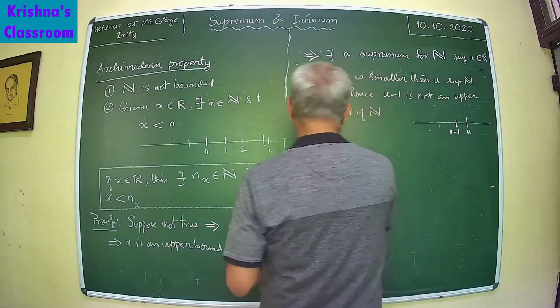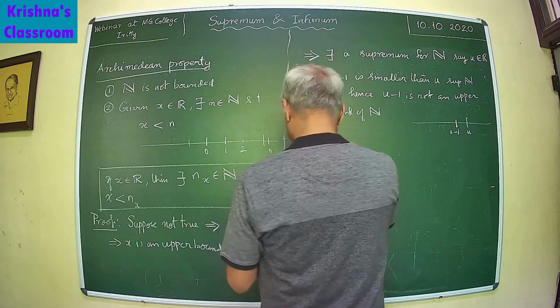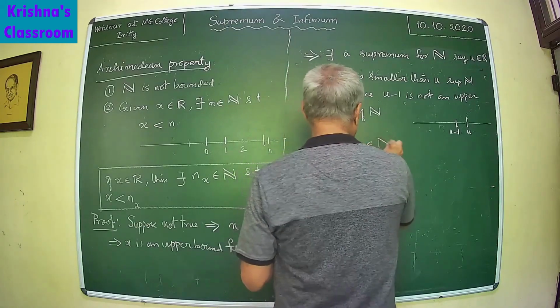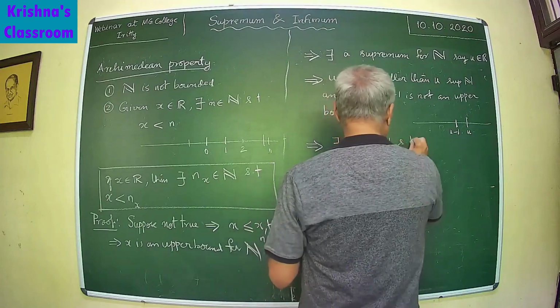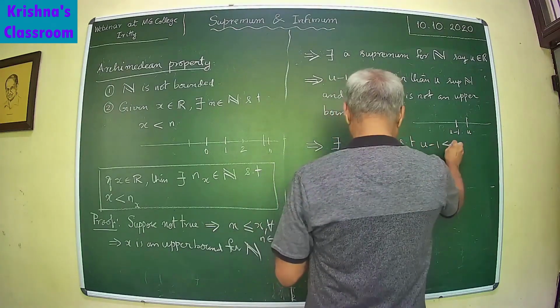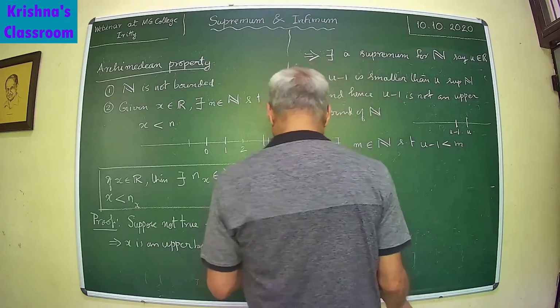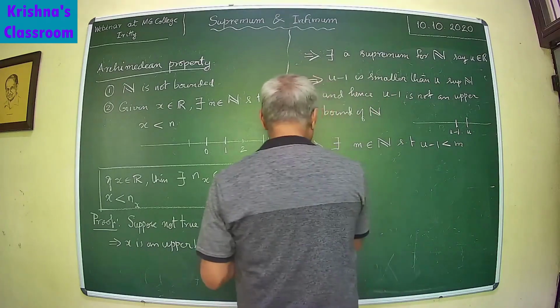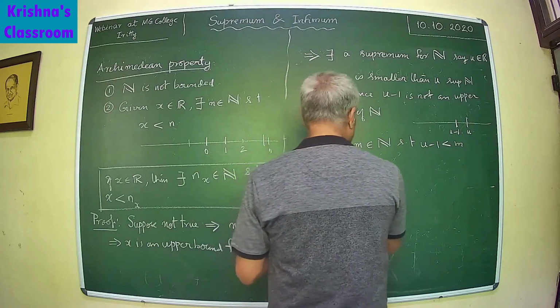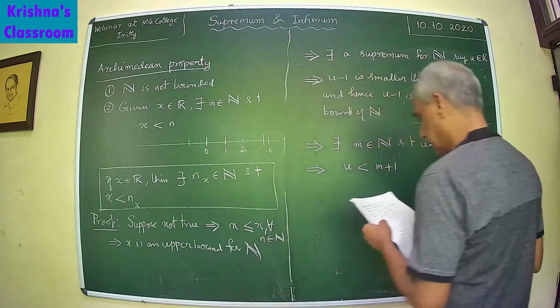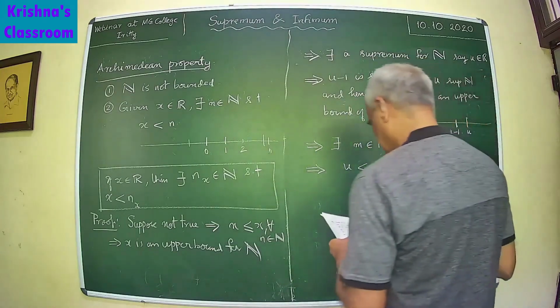So what does this mean? This implies there exists an m belonging to N such that u minus 1 is less than m. That's the meaning. What does this mean? This implies u is less than m plus 1. Just translate inequalities, adding 1 on both sides.